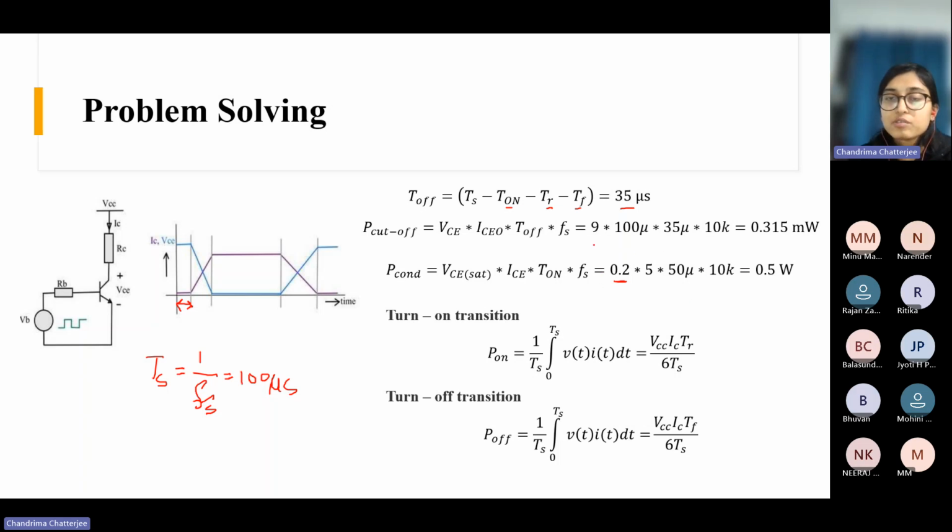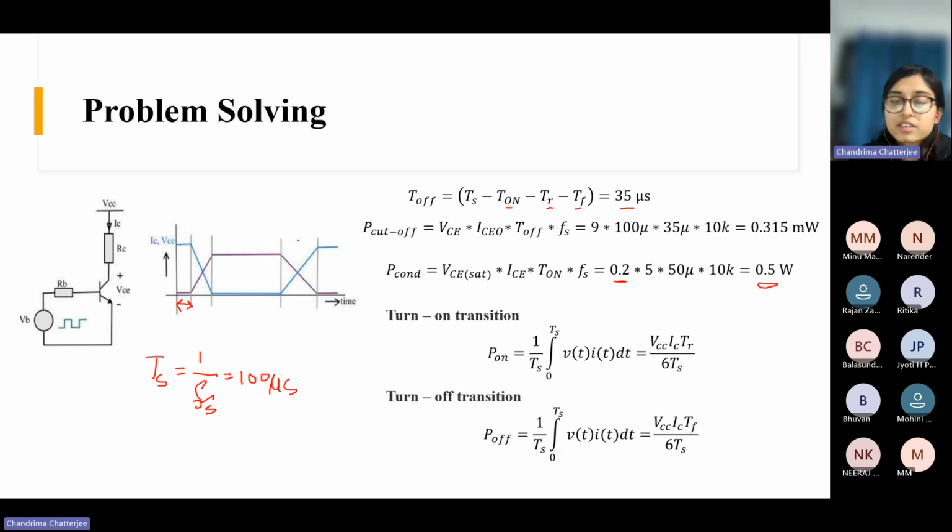Voltage times current times time is energy, and to get power loss from energy you multiply by the operating frequency. It comes out to be 0.5 watt. Compare this with 0.315 milliwatt: this loss is much higher than that loss.